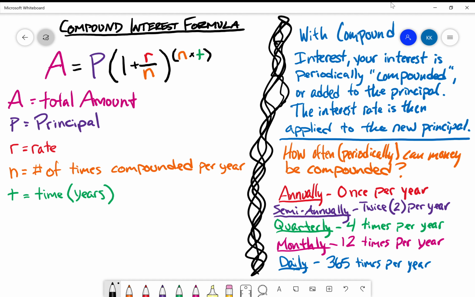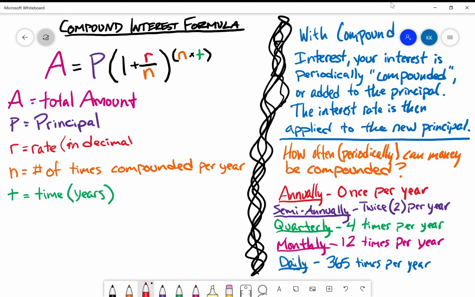A equals P times (1 plus r over n) to the power of n times t, where A stands for the total amount, P, like before, stands for the principal, the rate, just like before, is the interest rate, and of course that has to be in decimal form.